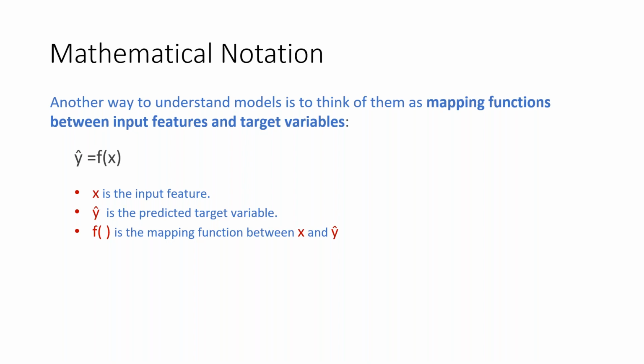What we have taken, the rat, is a very simple thing, but when we do our real projects in this course, we'll see how we take care of many things. So x is the input feature, y hat is the predicted target variable, and the real thing we are doing is finding the right mapping function between x and y hat.